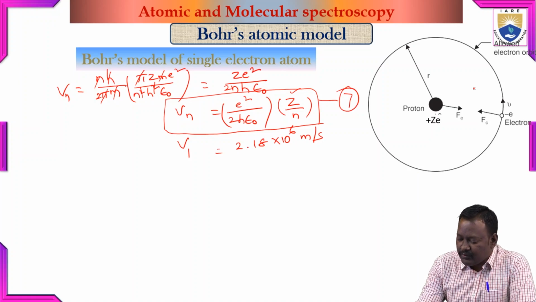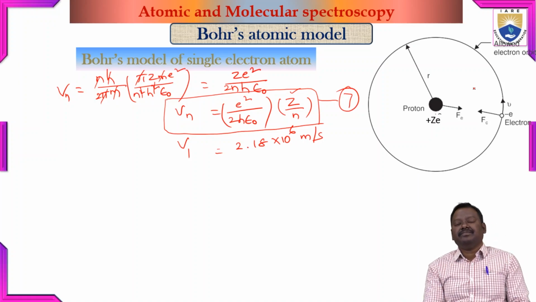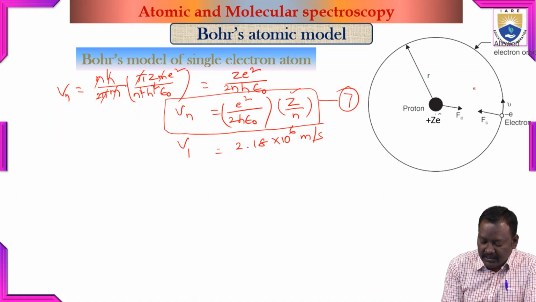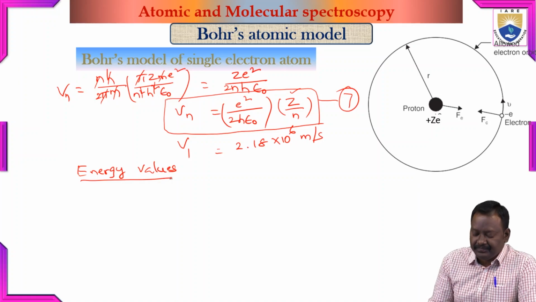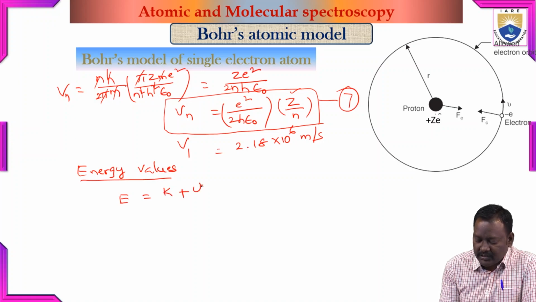If the electron is moving, it must have kinetic energy and it also has potential energy. So energy in general is given by kinetic energy plus potential energy.